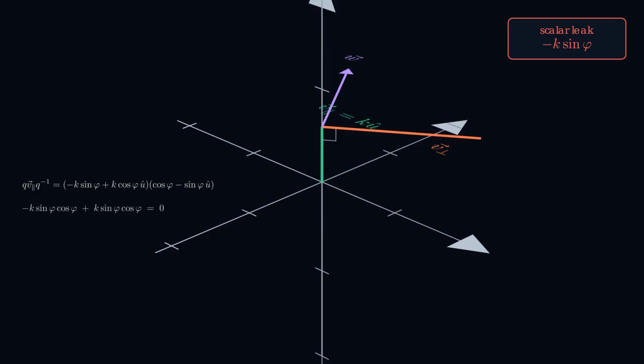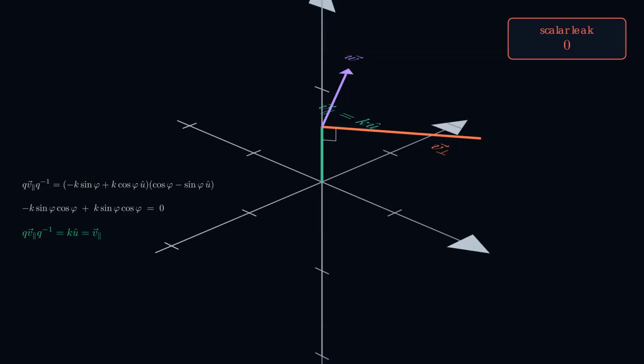The two scalar terms, negative k sine phi cosine phi, and using u hat squared equals -1, plus k sine phi cosine phi, cancel exactly. The remaining terms are k sine squared phi u hat plus k cosine squared phi u hat, which is just k times u hat. q v parallel q inverse equals k times u hat equals v parallel.